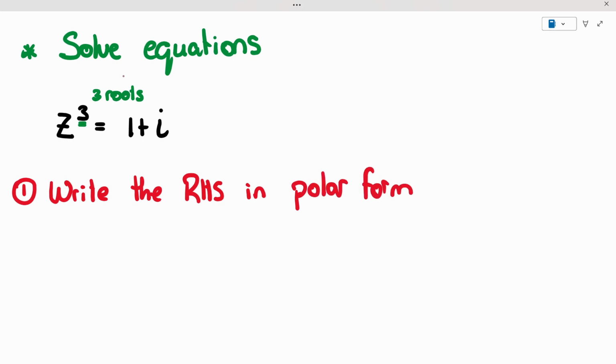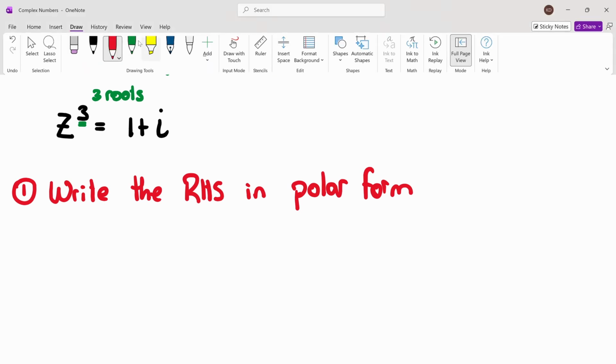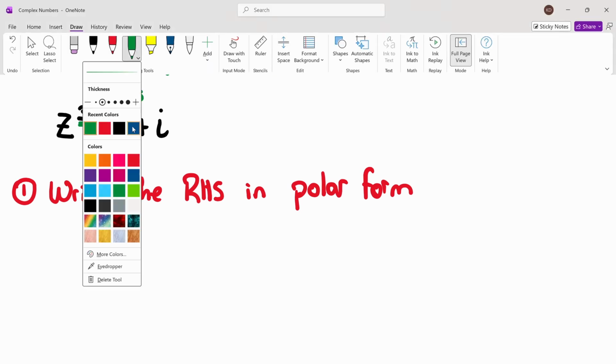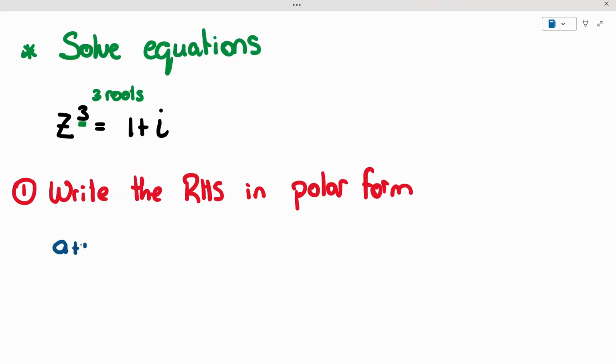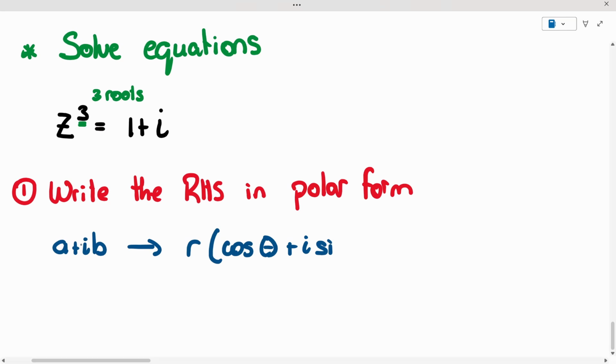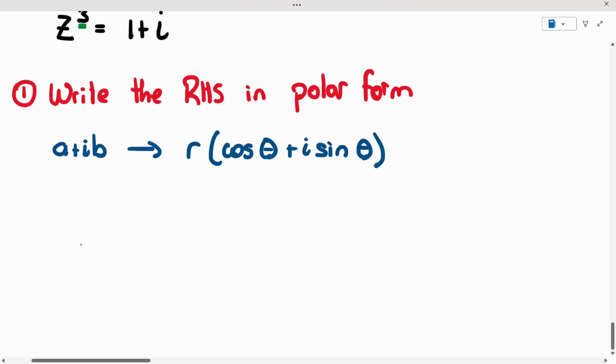How do we go from rectangular form to polar form? Well, we have that a plus ib becomes r into cos theta plus i sine theta. So we need r and we need theta. r is the length or the modulus of the complex number, which is given by the square root of a squared plus b squared, which is root 2.